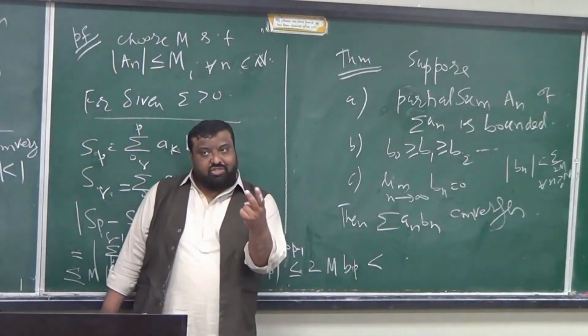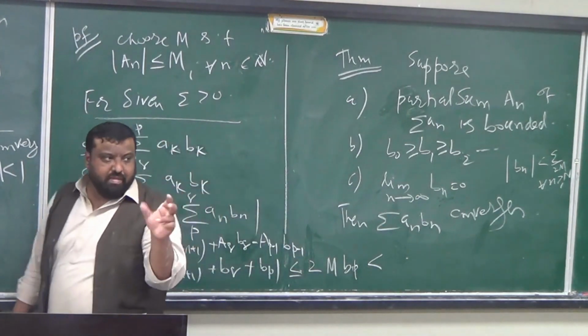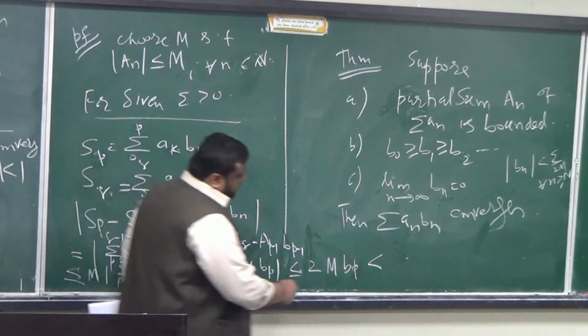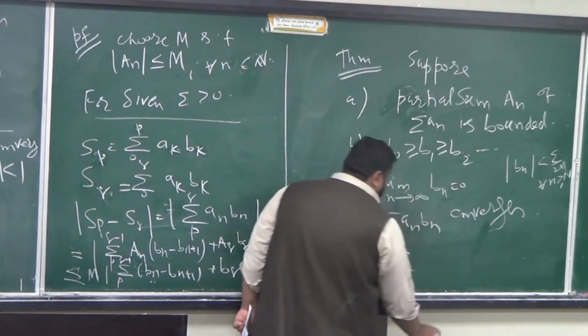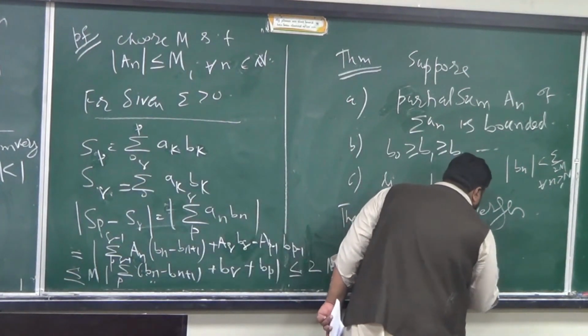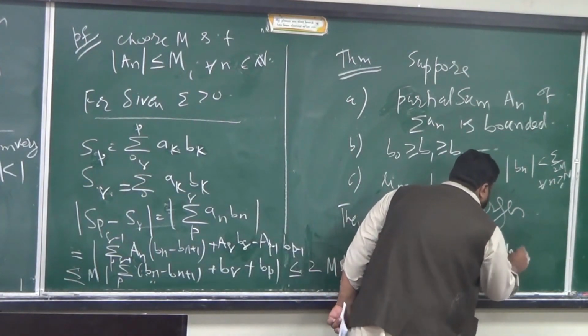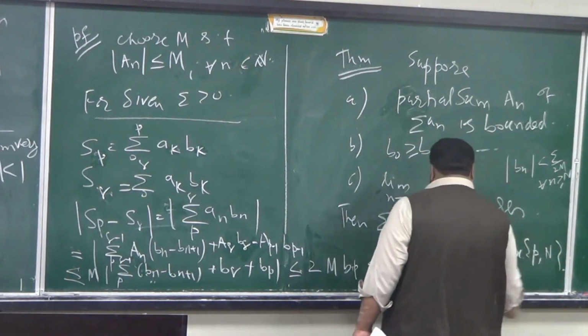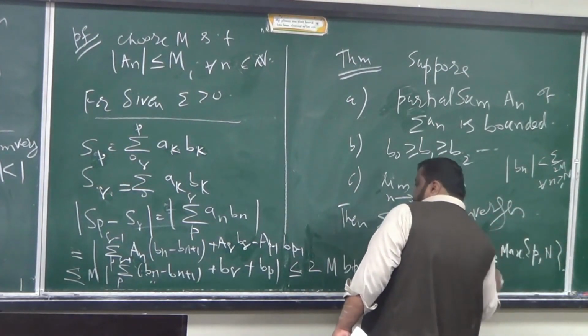So we have to make a choice basically. I can take the maximum of P and capital N, and that will be my new n. And after that n, this is going to be smaller than epsilon for all n bigger than or equal to the maximum of P and N. That's what we want to do.